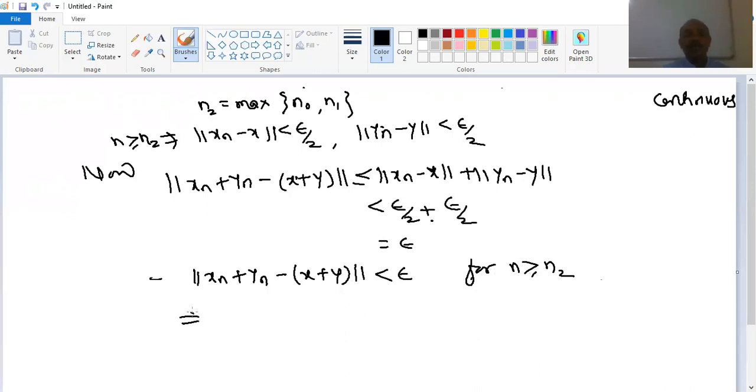Another meaning is that limit of xn plus yn is equal to x plus y, meaning the addition of these two sequences also converges in a normed linear space. Okay.